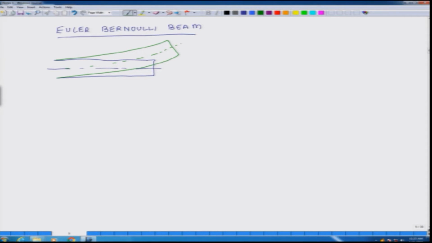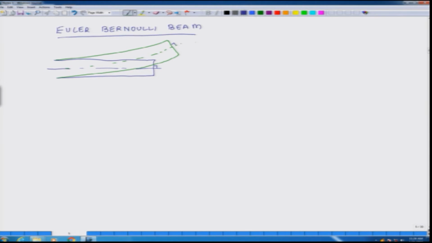In the original undeformed beam, the neutral axis was perpendicular to the edge of the beam. And in the deformed beam, if this is a vertical plane, the deformed neutral axis remains perpendicular to the edge of the beam. If the edge of the beam was perpendicular earlier, it will continue to remain perpendicular in the deformed state also.